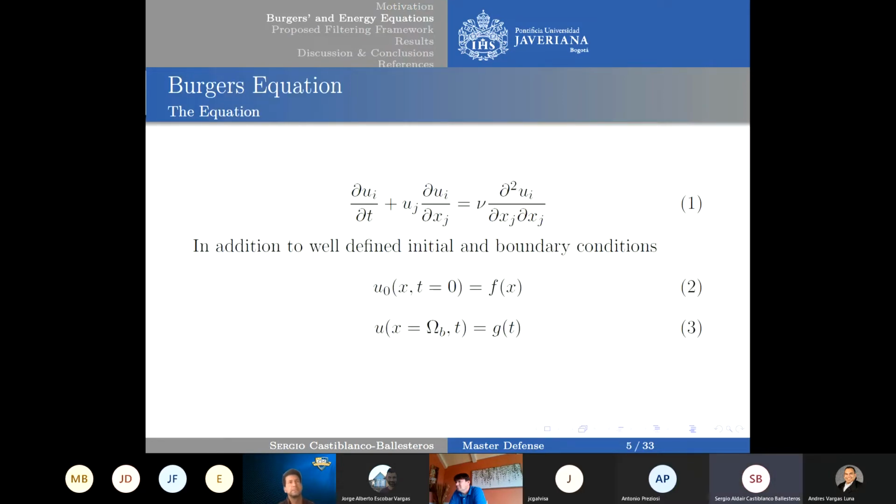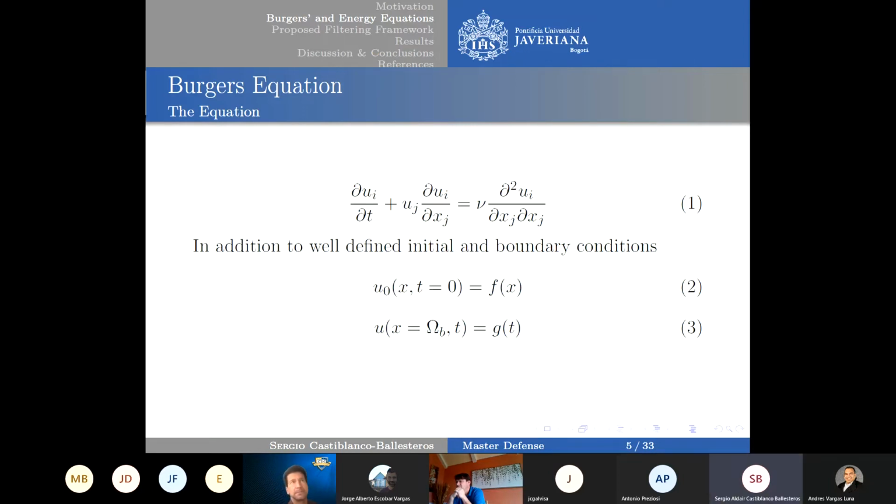So the Burgers equation is the canonical equation to analyze this kind of numerical issues. It is a means to test the proposed technique. It is nonlinear, it generates propagation fronts, and is usually a previous step towards Navier-Stokes.